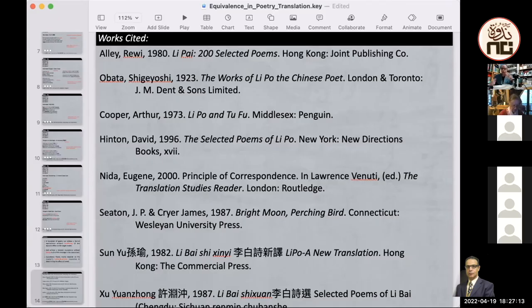As I said, of the four ancient tones, the ping, the shang, the qu, the ru, only the ru is missing in modern Mandarin, but it still exists in some southern dialects. That's why the southern dialects have more.